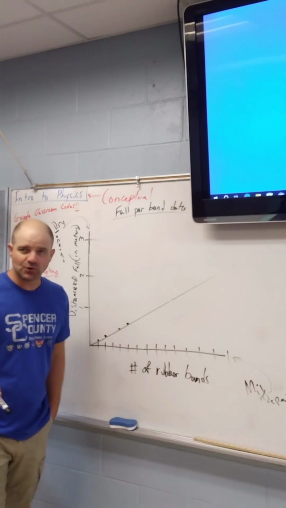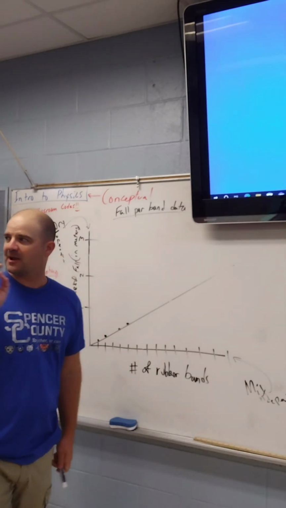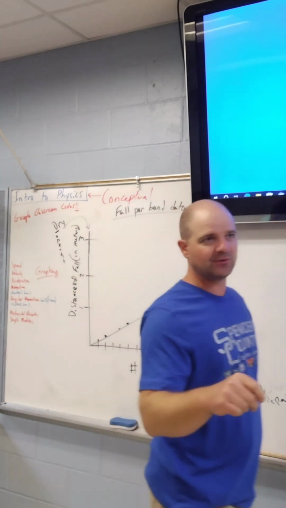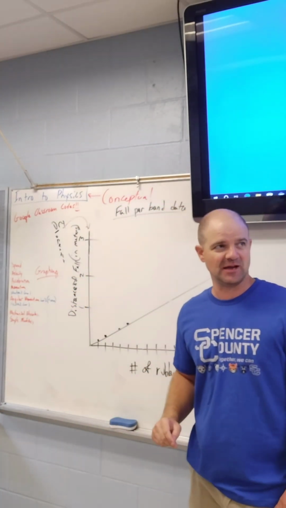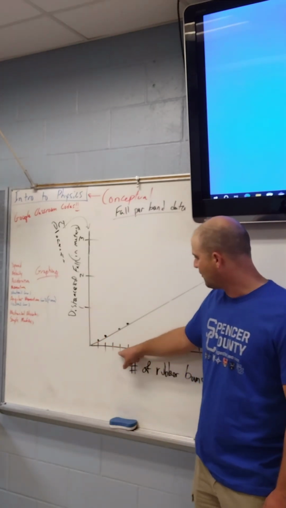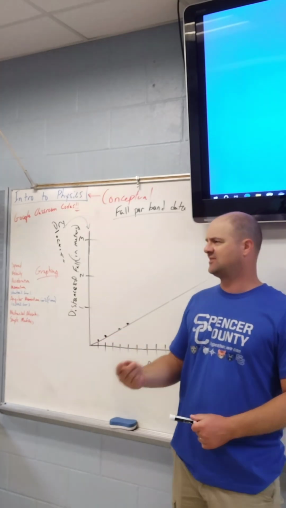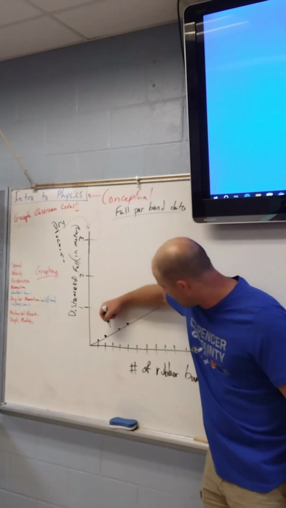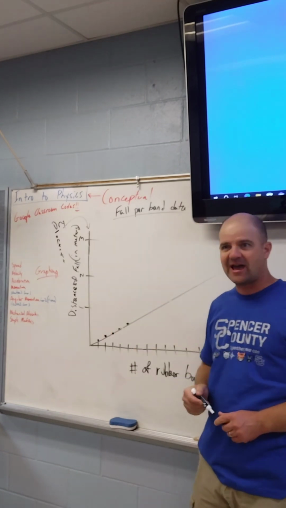So what I can do is, using the data points that I have, I can make predictions about data that we don't have. Okay? I say, well, if 1 rubber band got me here, 2 here, 4 here, wouldn't it stand to reason that if I had 3 rubber bands, it would probably fall that far?